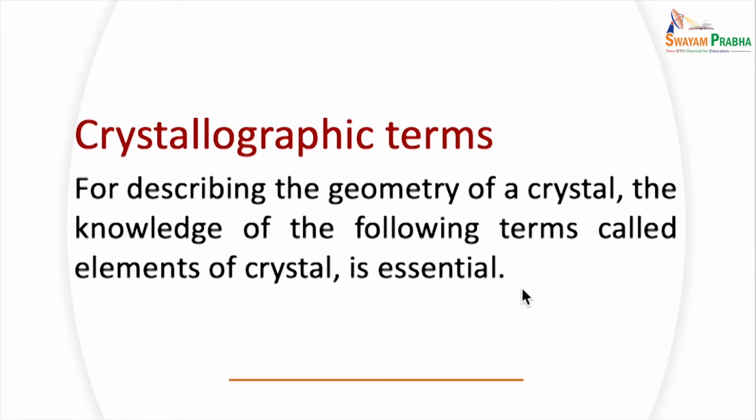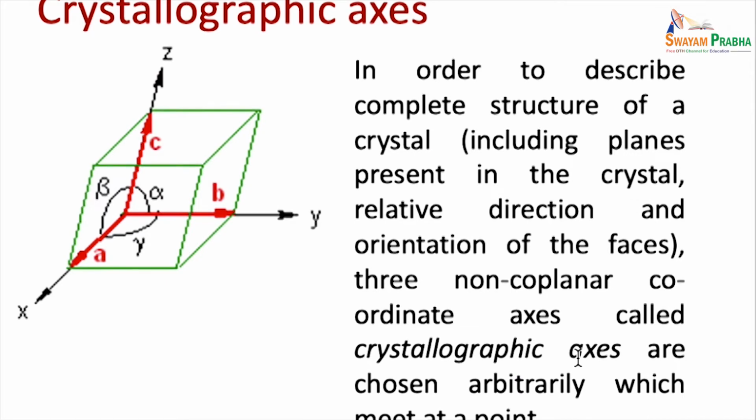Now, let's talk about certain terms which are needed to describe the geometry of a crystal. These terms are called crystallographic terms. The first is the crystallographic axis. In order to describe the complete structure of a crystal, that means the planes present in the crystal, the relative direction, and the orientation of the faces, 3 non-coplanar coordinate axes called the crystallographic axes are chosen arbitrarily which meet at a point.